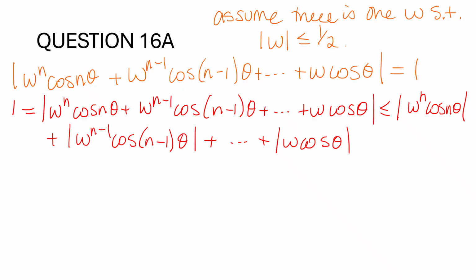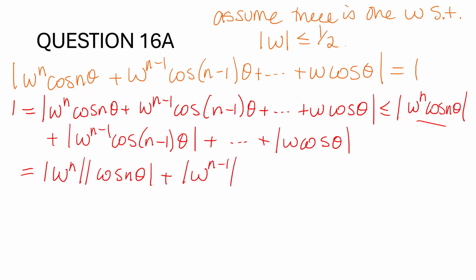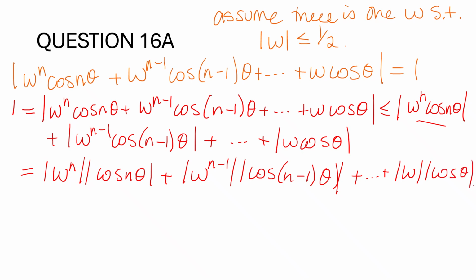So this is equal to, we can split up products, absolute value of w to the power of n, absolute value of cos n theta, plus absolute value of w to the power of n minus 1, absolute value of cos (n minus 1) theta, plus dot dot dot plus absolute value of w, absolute value of cos theta.